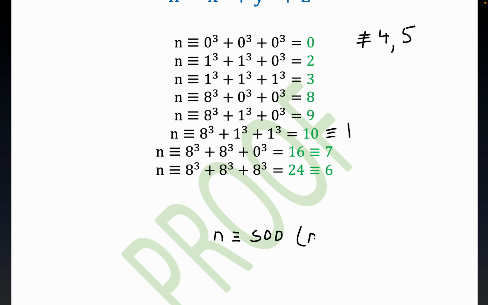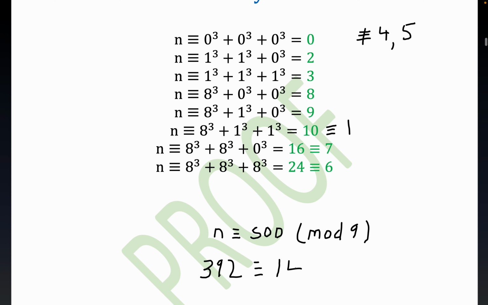Let me give you a concrete example, because that explains some of these computations that I didn't talk about. Consider the integer 392. If you sum those digits, you get 9 plus 2 plus 3, which is 14.